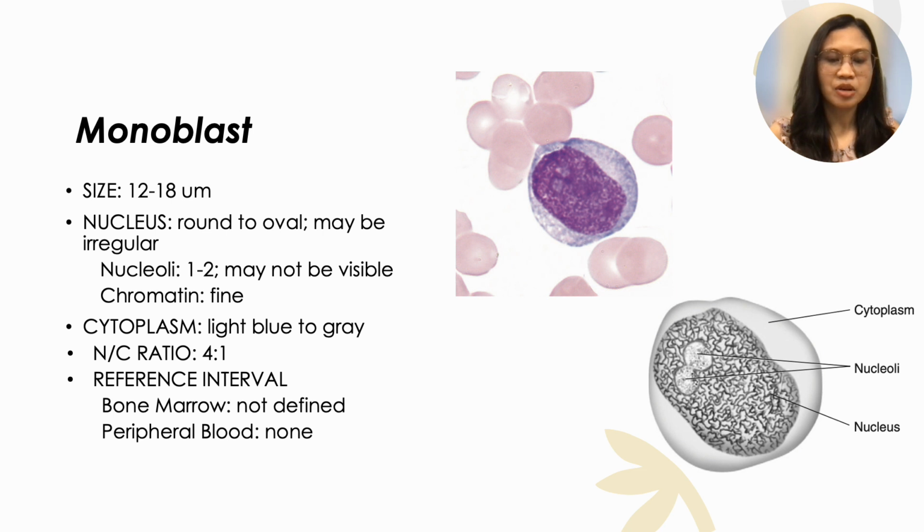Its cytoplasm appears to be light blue to gray, and it will have an NC ratio, or nucleus to cytoplasm ratio, of 4:1. For the reference intervals of the monoblast, it's not clearly defined how many or what percentage is present inside the bone marrow. And in normal patients, the monoblasts do not appear in the circulation.